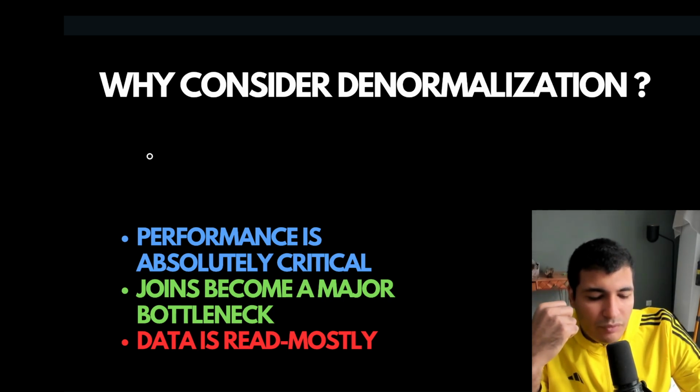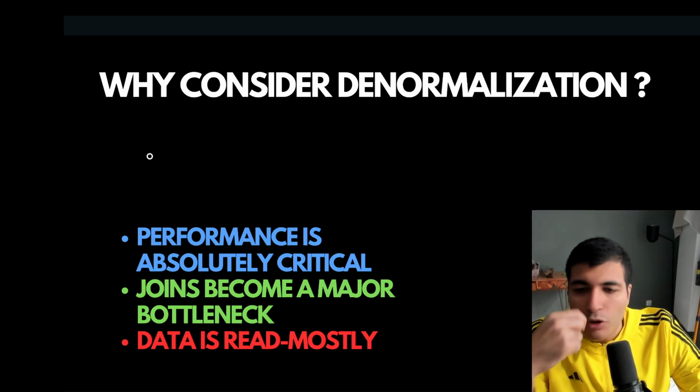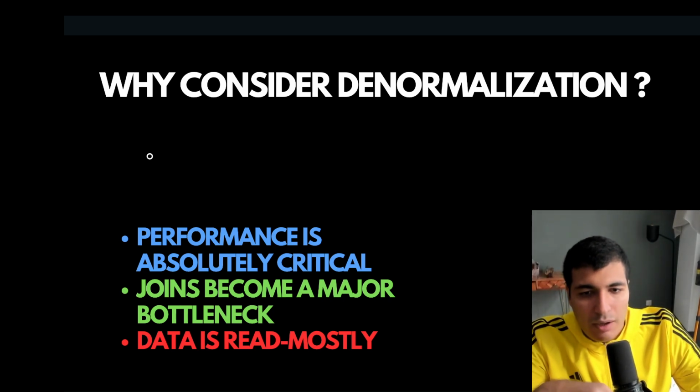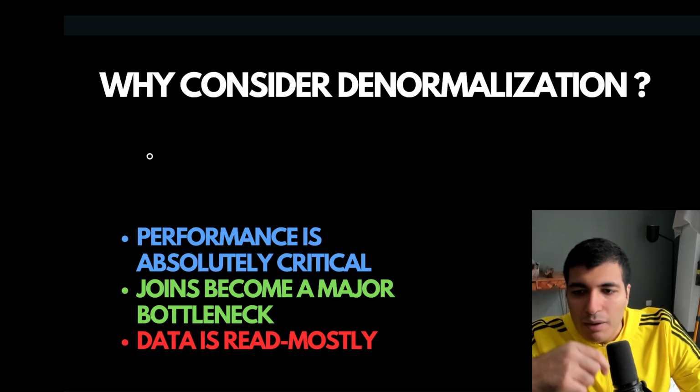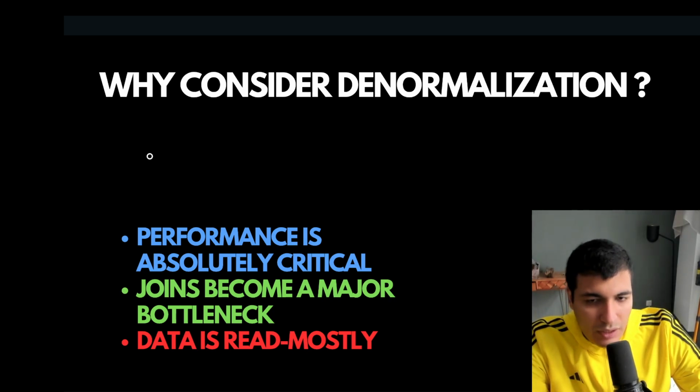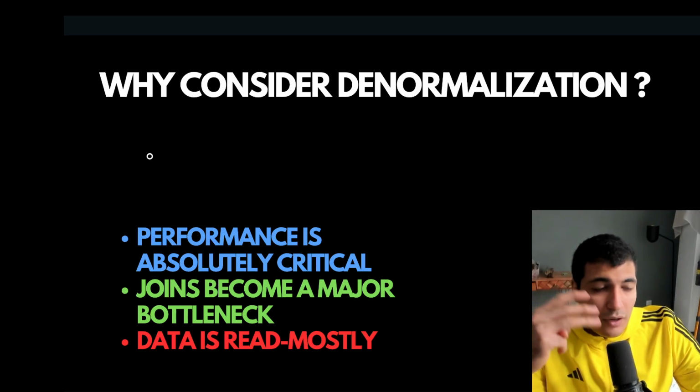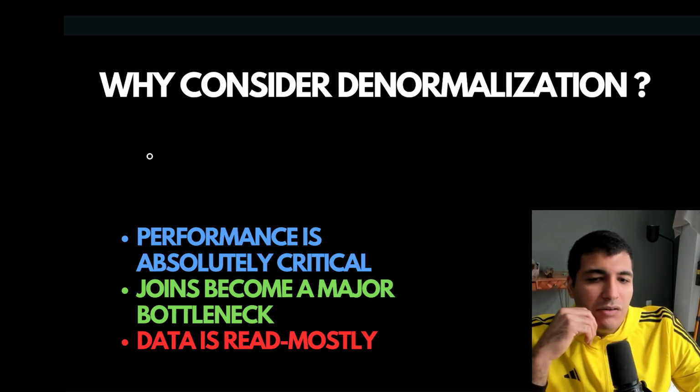Okay, so the second is when joins become a major bottleneck. In complex queries, particularly those involving joining multiple large normalized tables, these join operations themselves can become significant performance bottlenecks. Denormalization aims to eliminate or reduce these costly joins. Number three, data is read mostly.